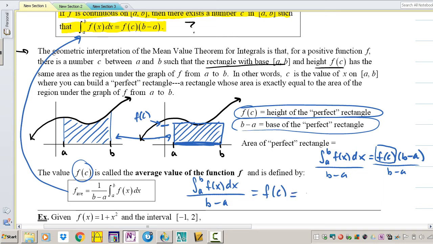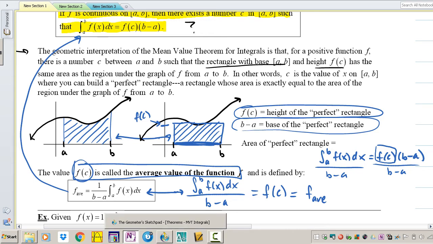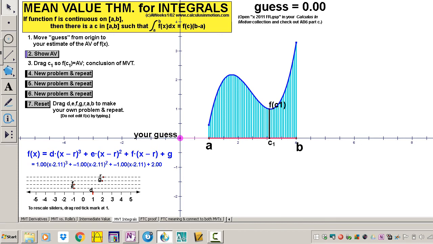And we said that f of c was the average value. This equation is equal to the other equation, except that b minus a is factored out as a fraction. Let me go ahead and show you another representation using calculus in motion.